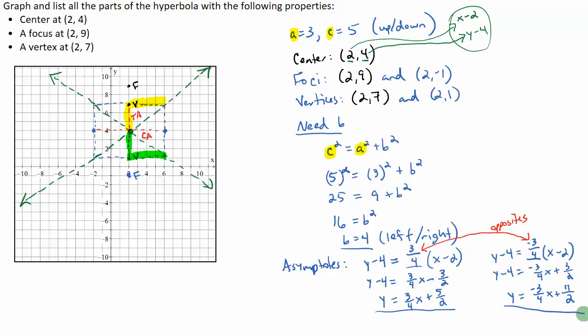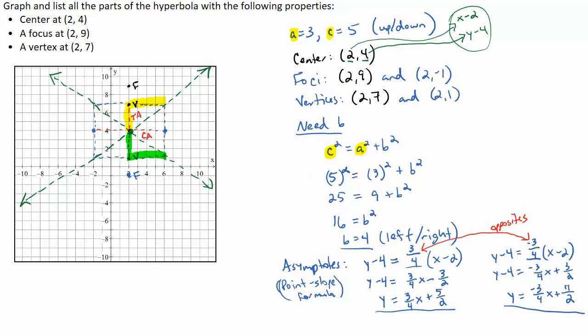So that's my other asymptote. So now I've listed both of my asymptotes using point slope formula, which if you don't know, you might need to go look up, okay? But I've illustrated here how to use it. Use the center as your point, and then use your slope to get the slope, of course.